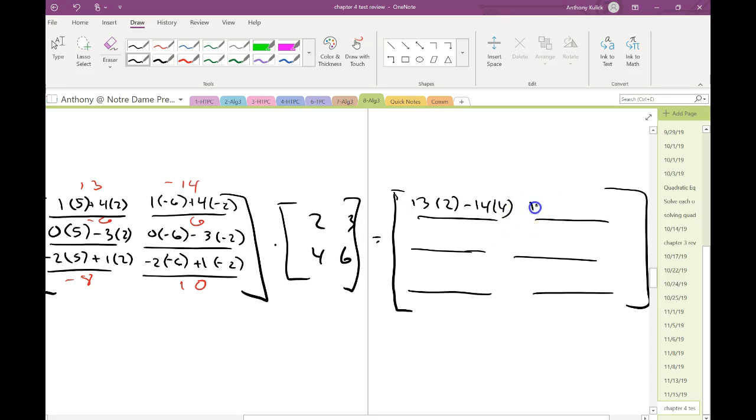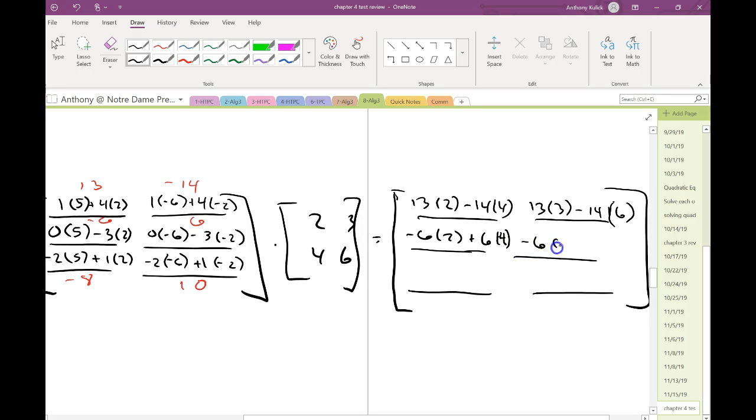And then I do row 1 times column 2. Then I'll do row 2 times column 1. And then row 2 times column 2.